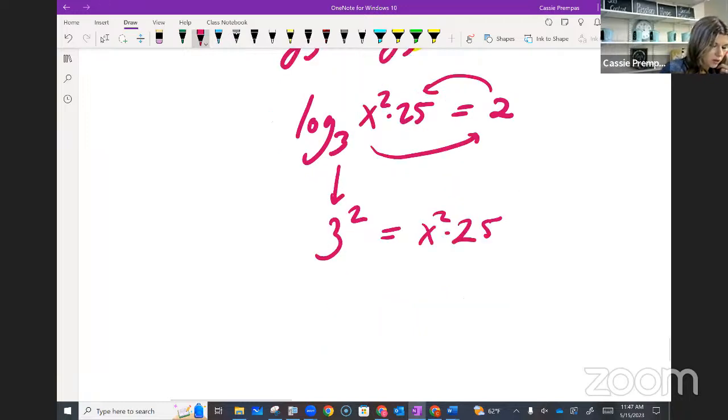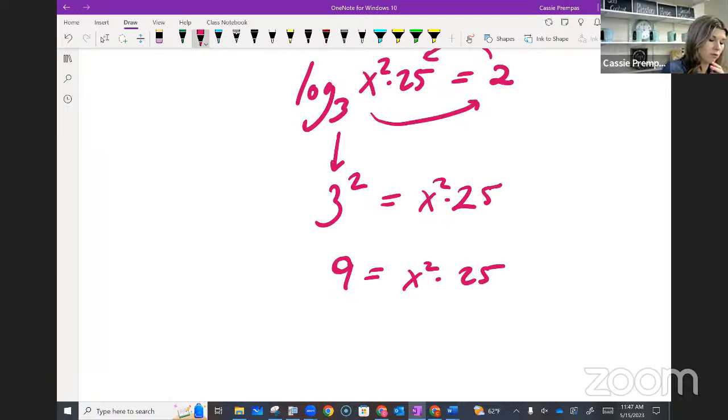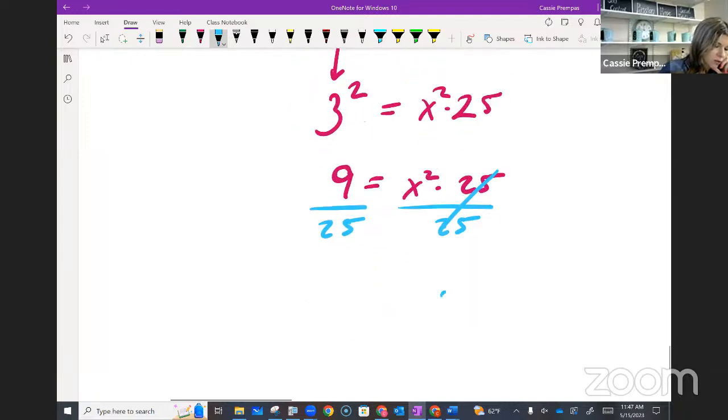What's 3 squared? 9. We got 9. And then it's all good. And then how do we get x squared by itself? Divide both sides by 25. I've got to get x alone. Right now it's being multiplied by 25. So now we have x squared is equal to 9 over 25.